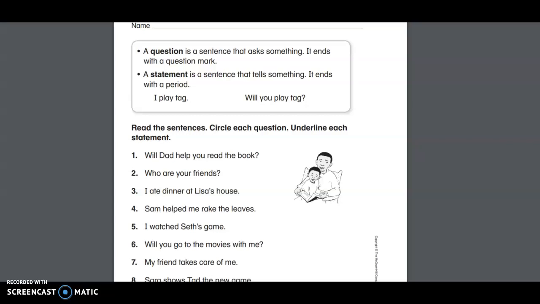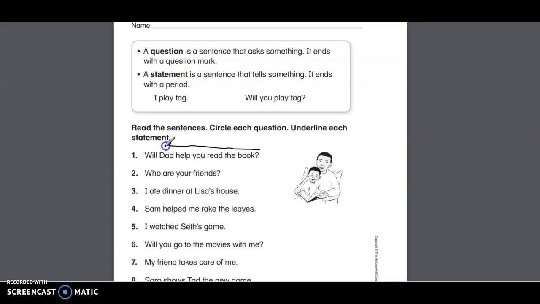Will Dad help you read the book? Do you have any question words in there? Or is it just a statement? Is there a question word, Hudson? Yeah. Will.